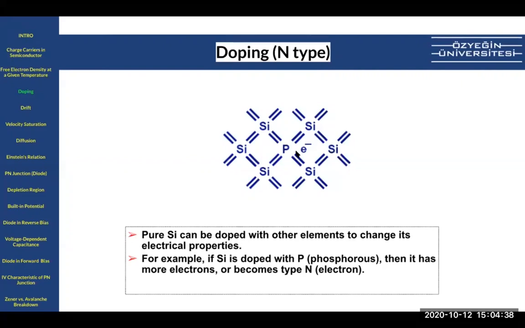So 5A means when they bond, it still has one extra electron. It's in the valence, so it becomes available in this structure. And you don't really need a lot of energy to move this electron because now it's already available. It's not even in a bond, right? So you can easily excite the structure and create current.